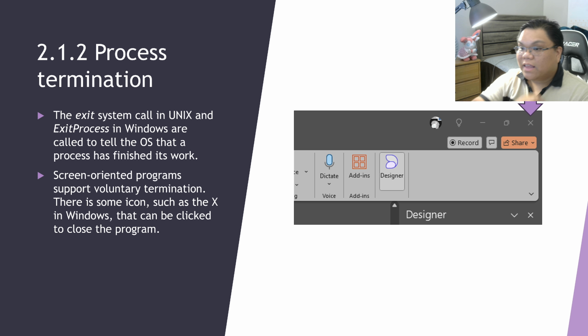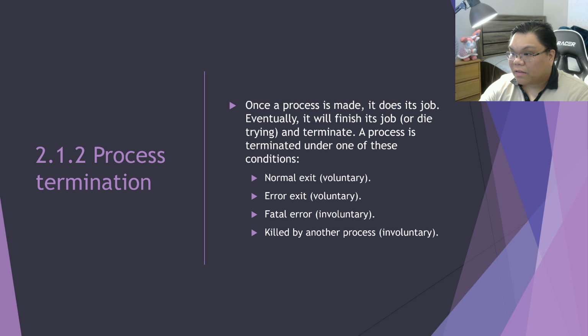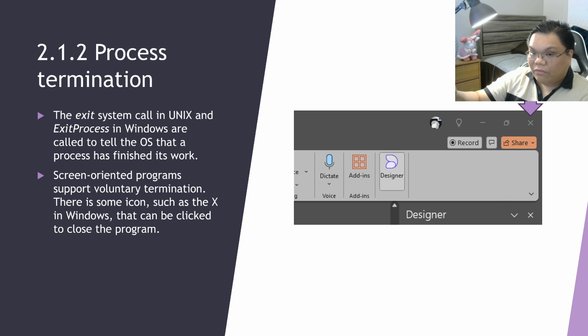The first one is when the user wants to close a program, or for example, a program is finished running and it automatically closes itself. The exit system call in Unix, or ExitProcess in Windows, tells the operating system that a process has finished its work.